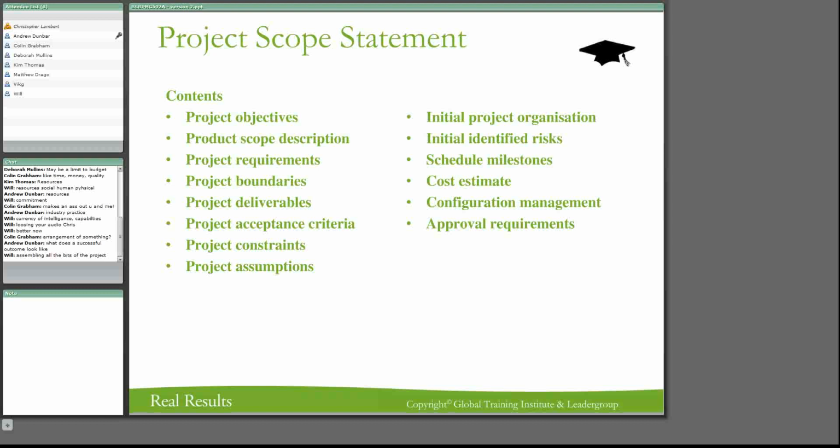Okay, the other one is the approval requirements. Now this, if we don't get this up front, we're going to have another problem. And that's got a lot to do with delegation. You as a project manager need to know this one as well. Remember we talked about how many of you are working in functional organizations.